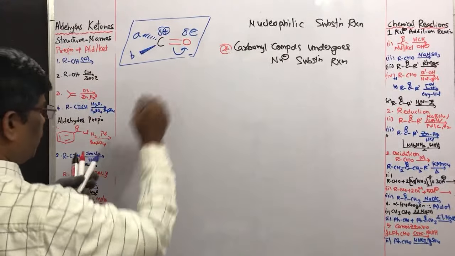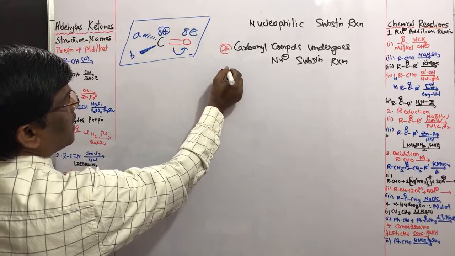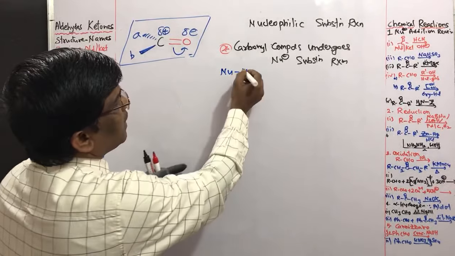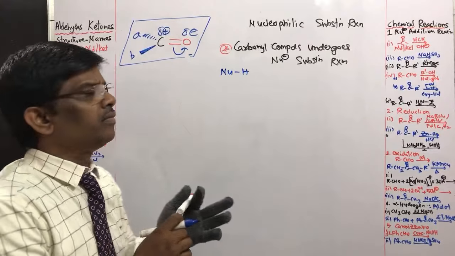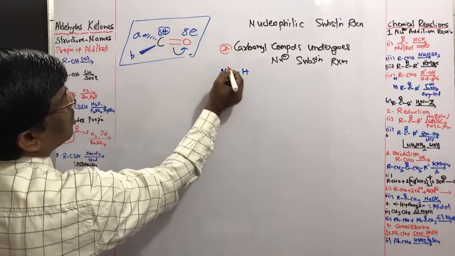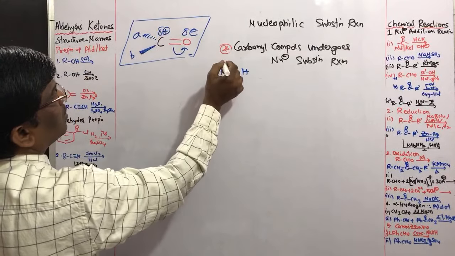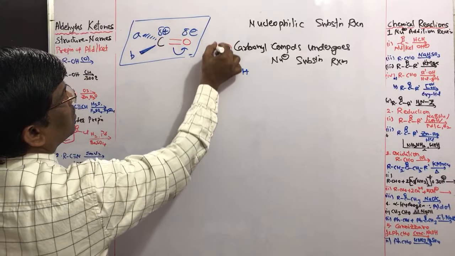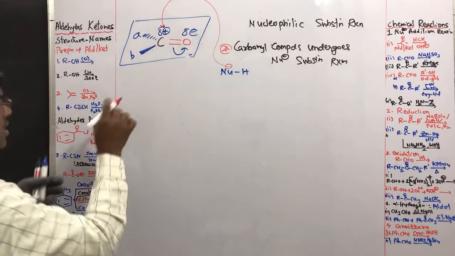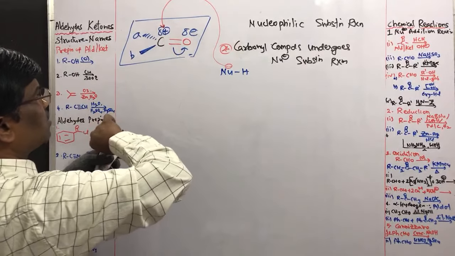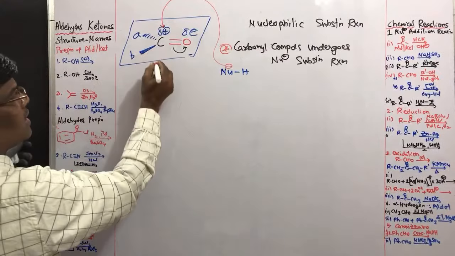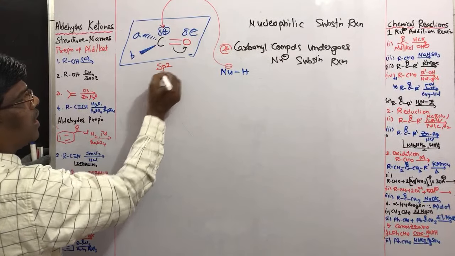Let us take one nucleophile. Whatever will be the reagent, you will take a nucleophile. Let me write another one, hydrogen. So this nucleophile adds to this carbon where it is positively charged and it takes up this double bond. This is an sp2 hybridized carbon.